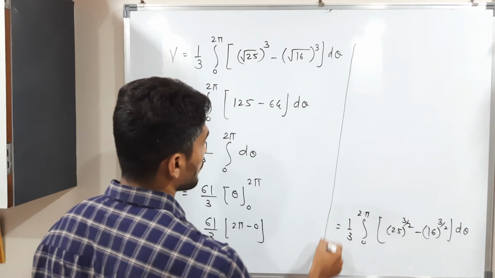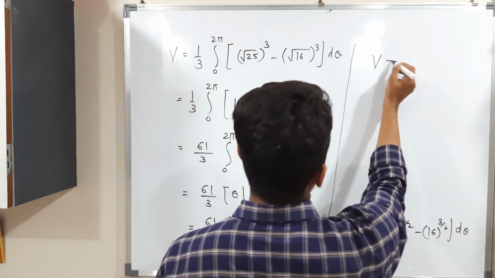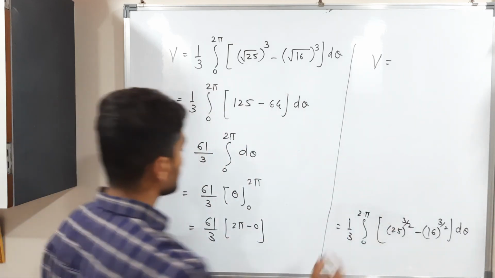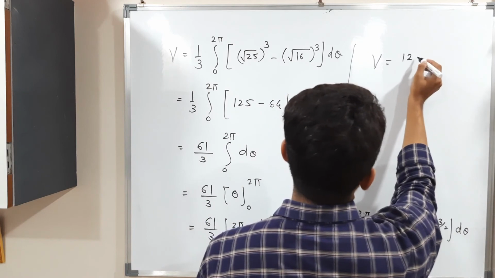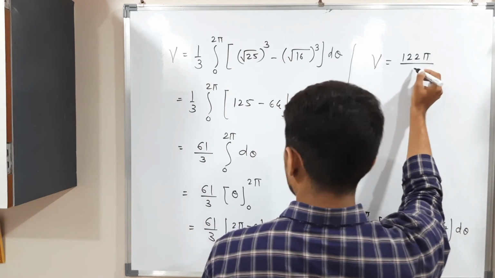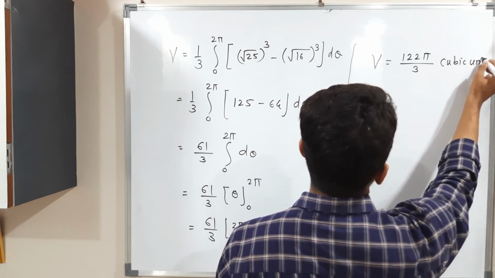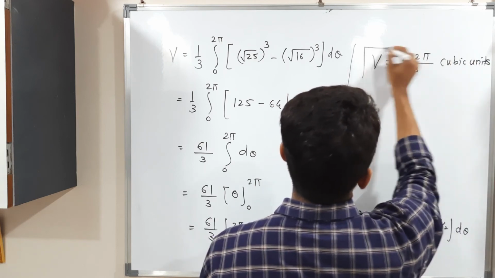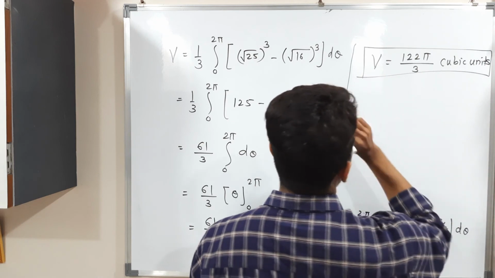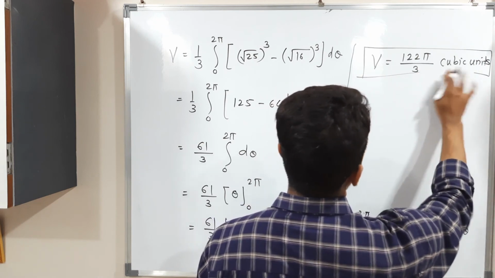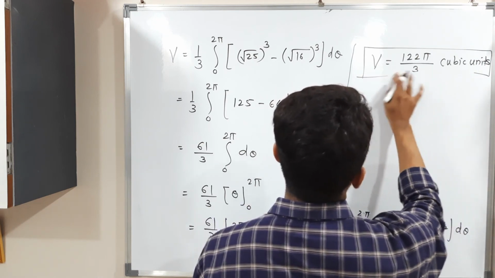So therefore, v is equal to 122 pi by 3 cubic units. So this is the required answer. This is the required value of the given region.